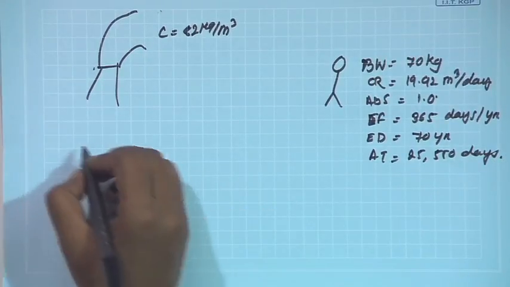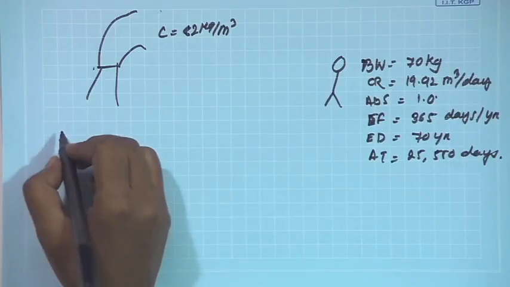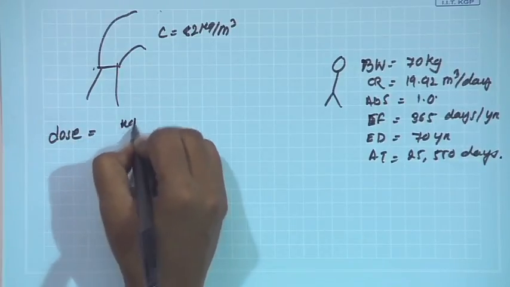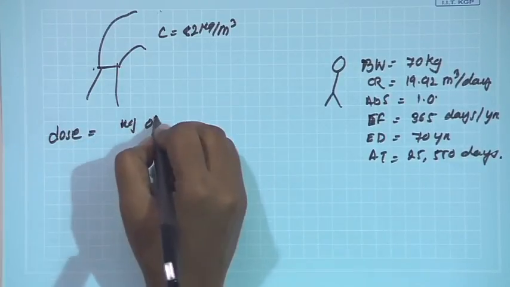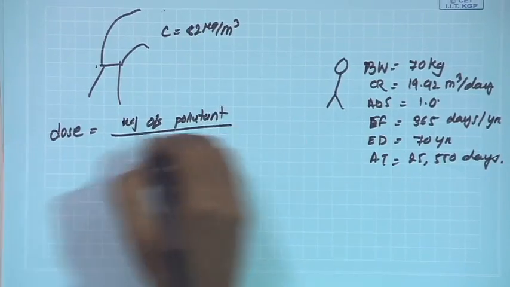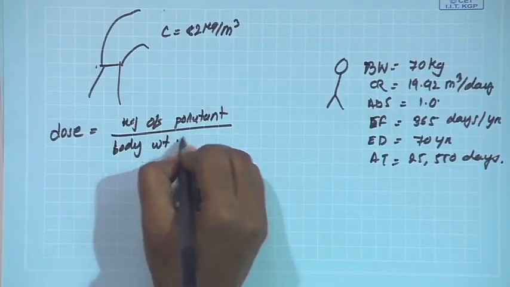So, as we have already discussed in week lectures and in assignments also, dose is generally expressed in terms of kg of, or weight of, pollutant per body weight per day.